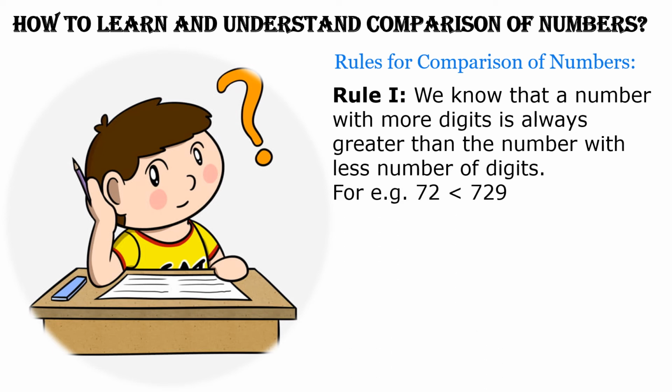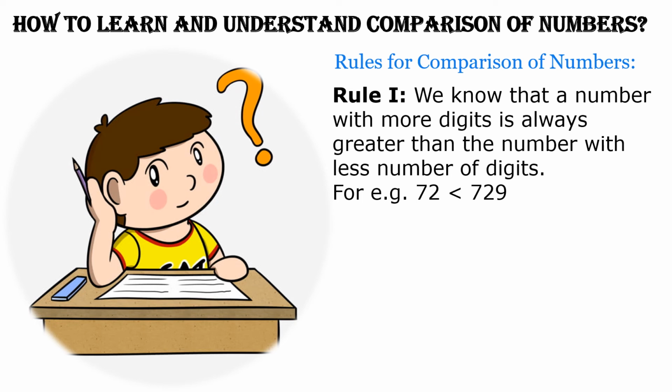For example, 72 is less than 729. So 72 is a 2-digit number and 729 is a 3-digit number. So a 2-digit number is always smaller than the 3-digit number.